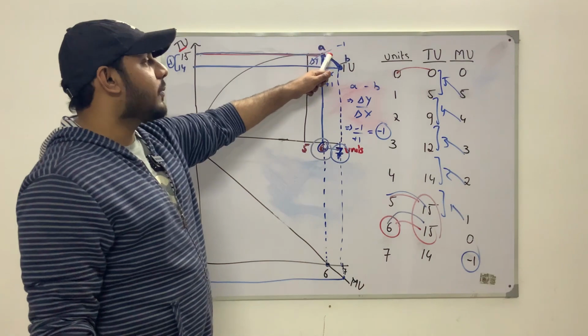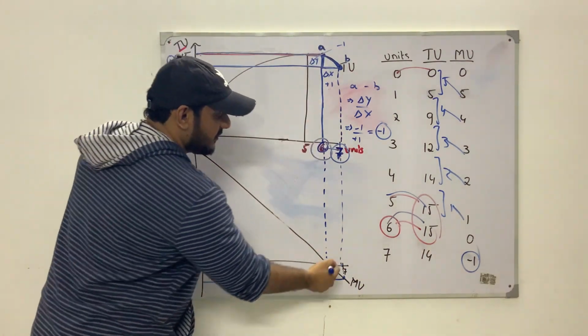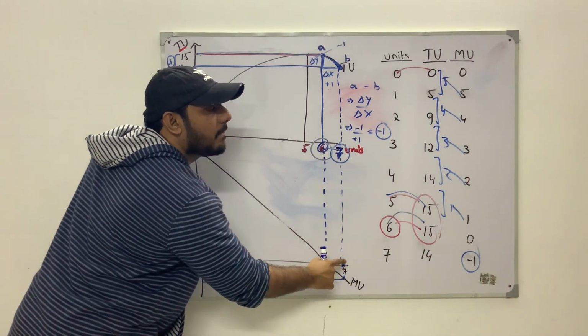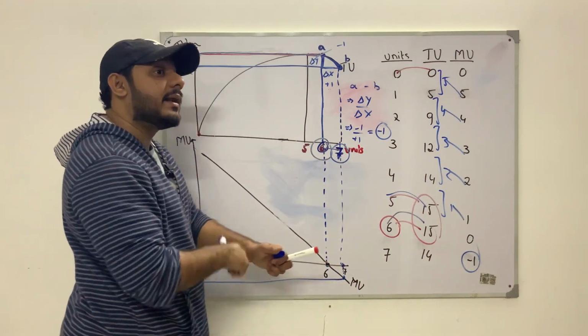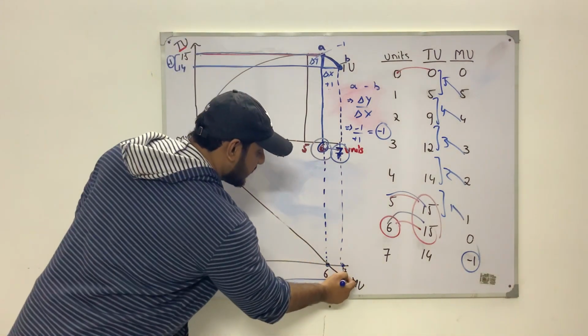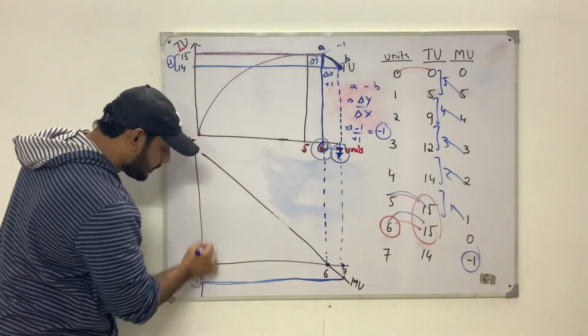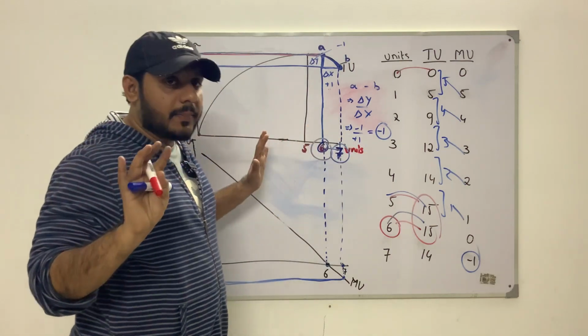So the slope between point A and point B is -1. And we can see that the marginal utility at 7 units, or the marginal utility by consuming the 7th unit, an additional unit, is -1. So these concepts, guys, good, simple.